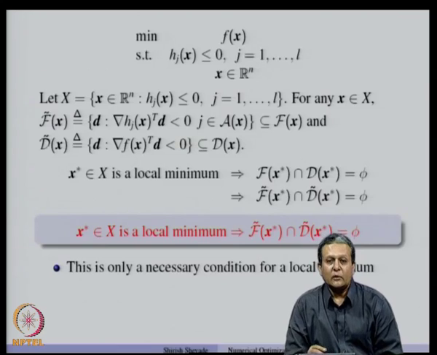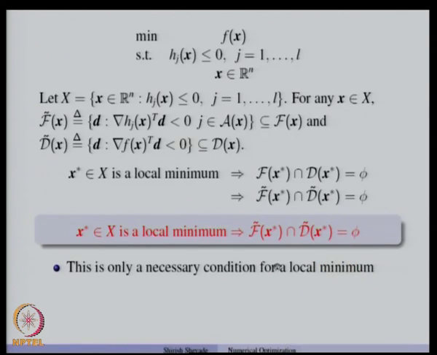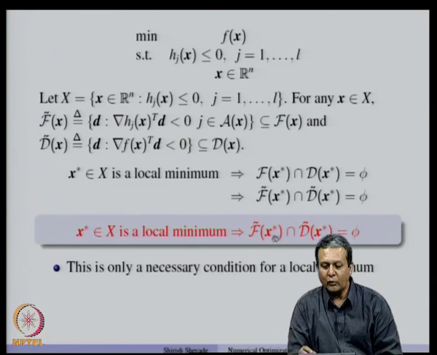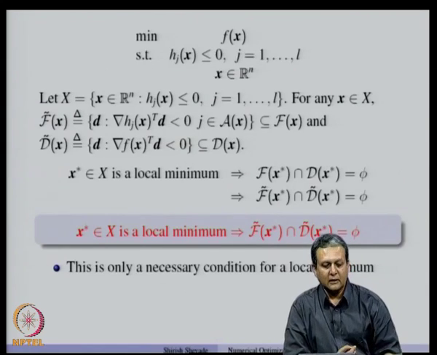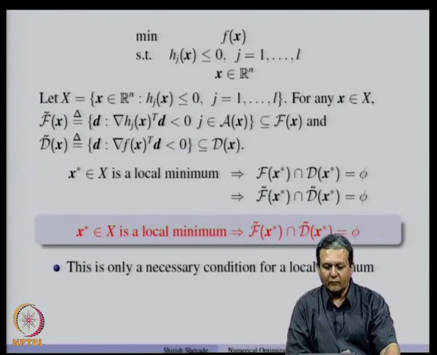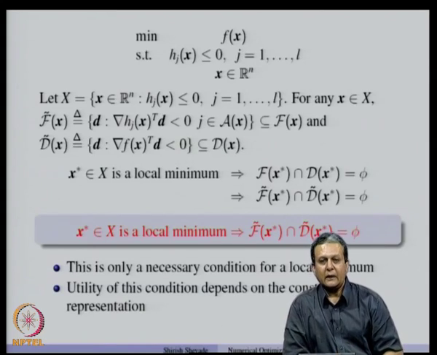Now, remember that this is only a necessary condition for a local minimum, because we will see later that there could be situations where f tilde x star is a null set or d tilde x star is a null set, which will automatically mean that this set is a null set, but that may not mean that x star is a local minimum.